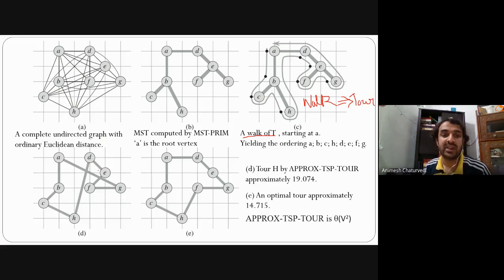Once you have visited a city, you will not go to that city again because you already visited it. So the tour deduced from that walk would be like this: A to B, B to C, C to H, because this is forming a Hamiltonian cycle. So from that walk, you generate the Hamiltonian cycle. Then H to D, D to E, and this would be a Hamiltonian cycle from that walk. And then G, and then G to A.